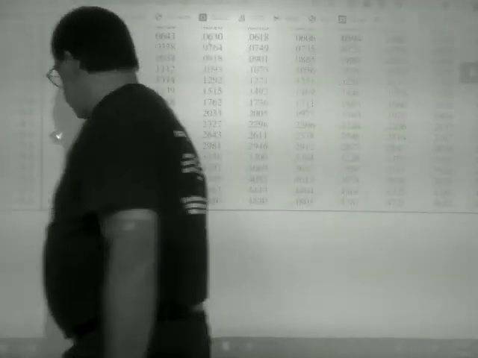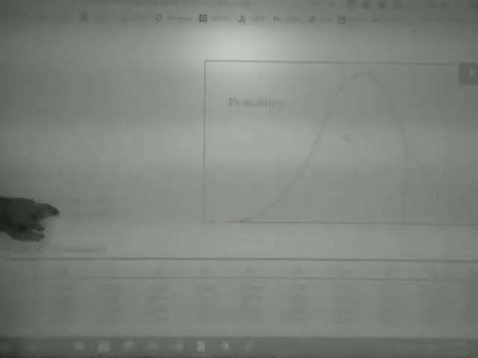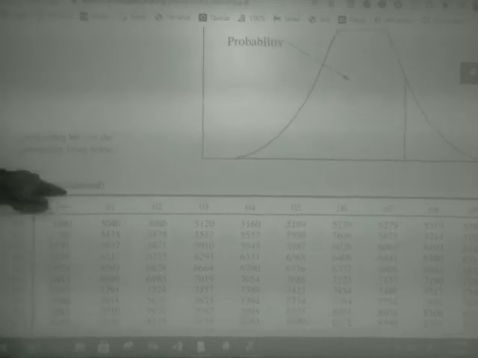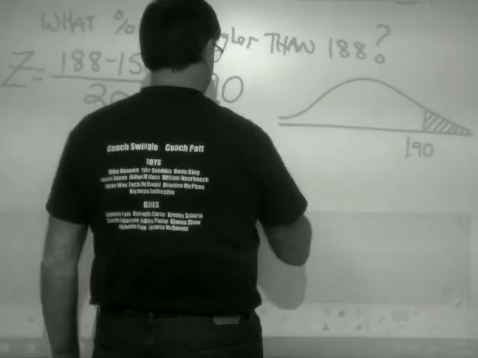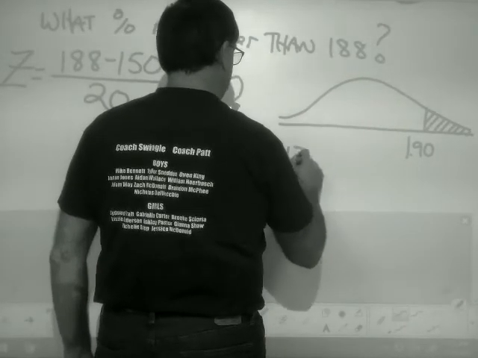Back to my Z chart that's in the back of my book. Now, if I look up 1.90, 1.9, second decimal 0, I get 0.9713.